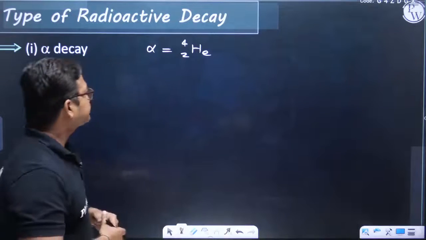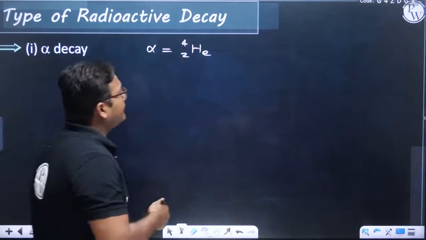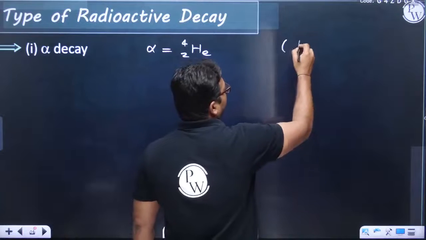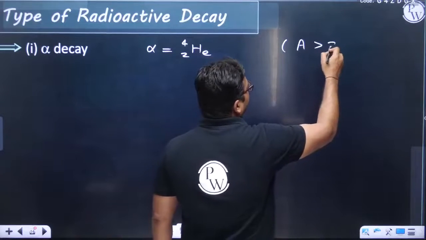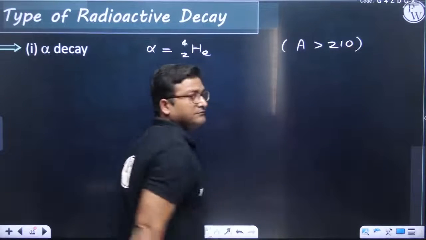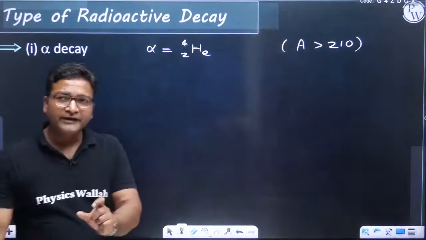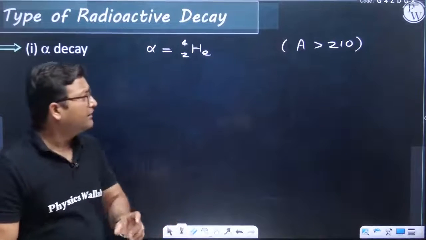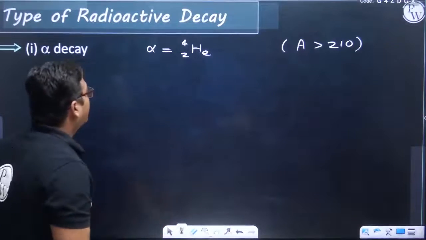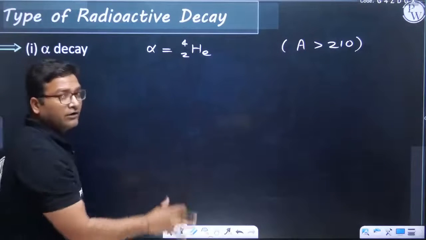Alpha decay usually happens when the mass number is more than 210. So what happens when alpha decay occurs?